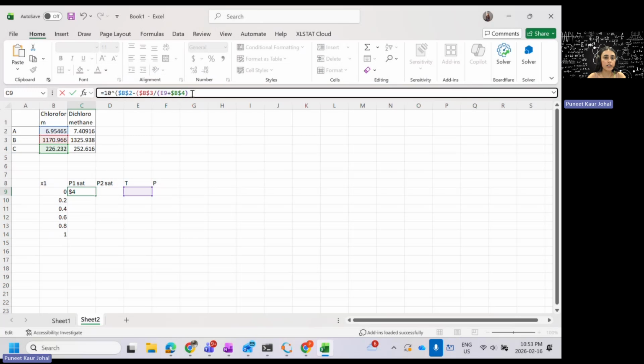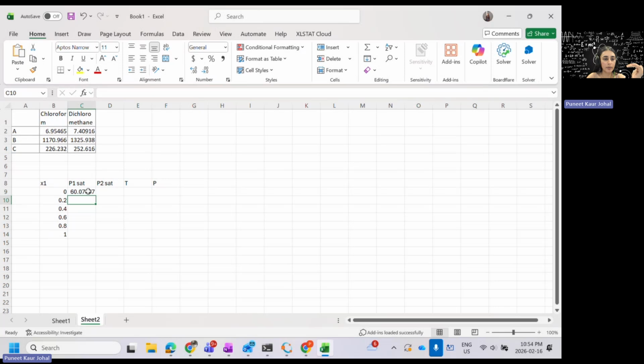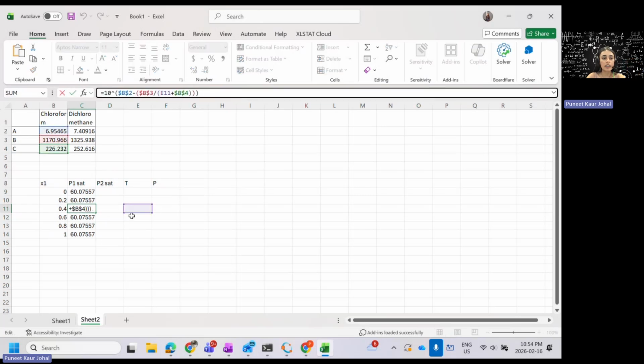What the dollar signs do is, as I drag the Excel formula down for all the other X values, the ones with dollar signs will stay consistent. If I explore this formula, you see the A, B, and C values are still the same, but the T value would be the corresponding T from this location E11.